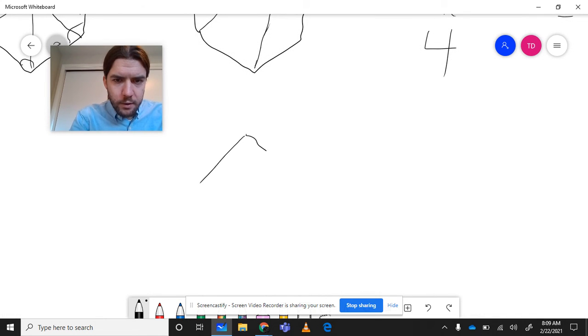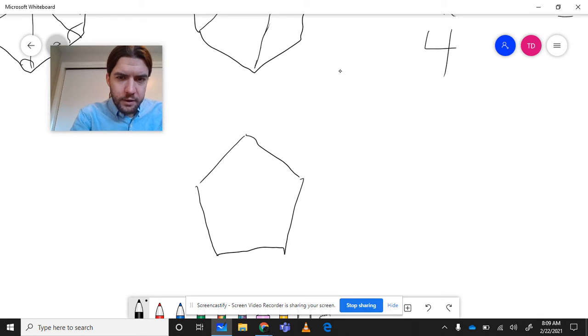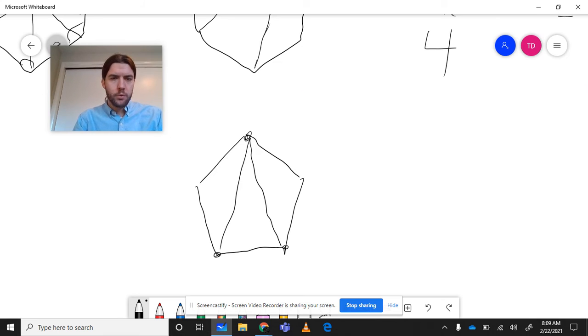So if we made a pentagon, a 5-sided shape, and I made my triangles by going from one vertex and making the diagonals that are possible, well, I make 3 triangles with a 5-sided shape.